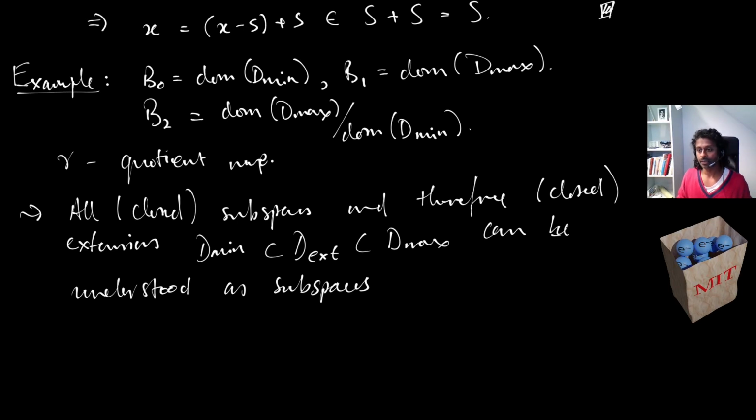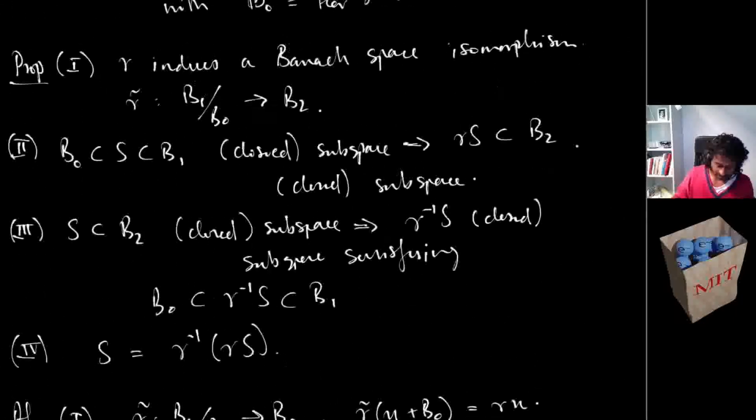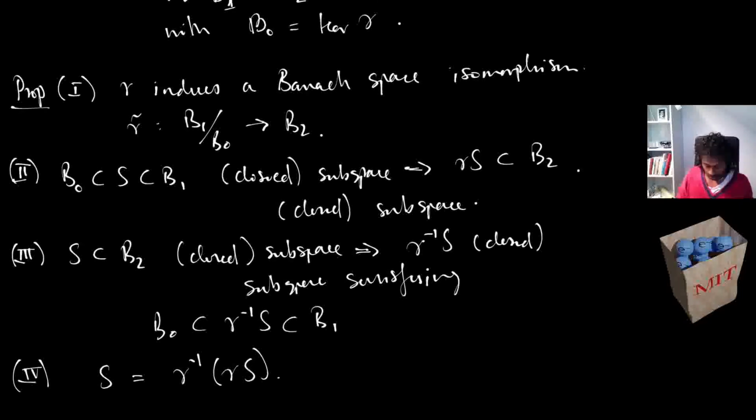So the question is, why do I keep putting closed in parentheses? Because closed is the important condition. We need to know that when one is closed, this happens if and only if the other is closed. It's not just the information between the subspaces that we're interested in; when we have one kind of subspace, we have another kind of subspace. That's really the heart of this proposition. So when S is closed, then gamma S is closed.